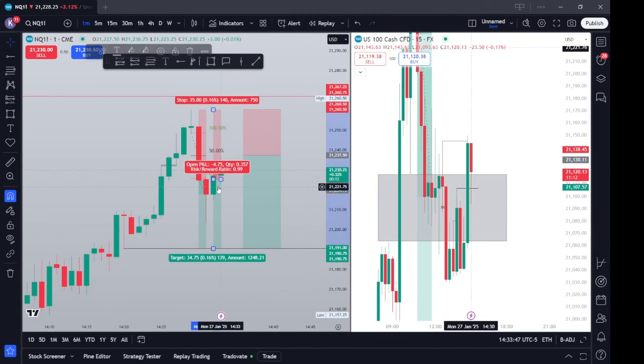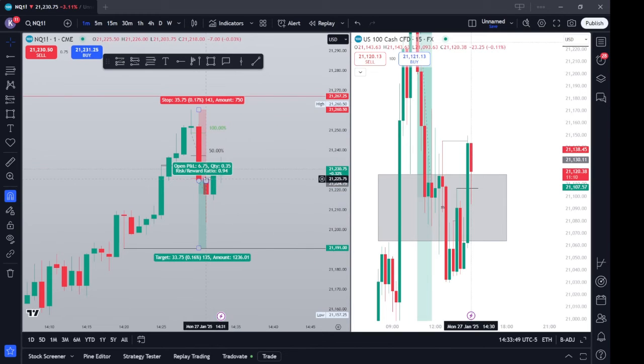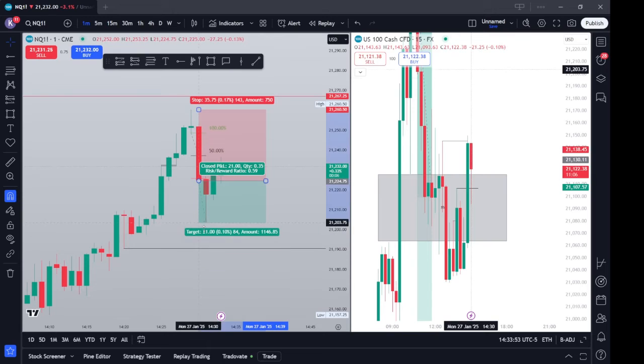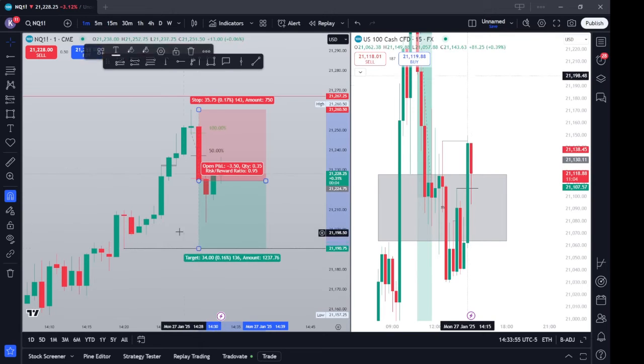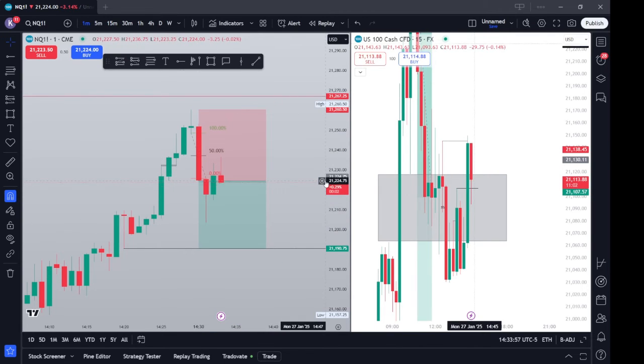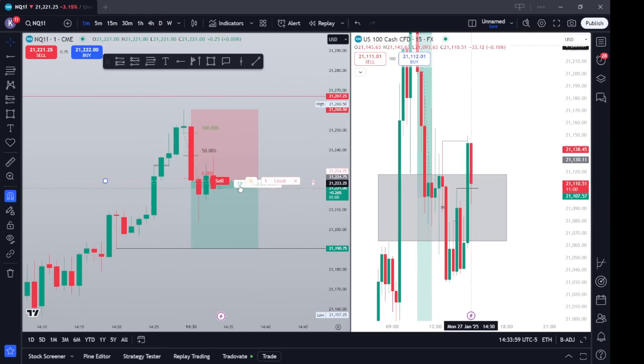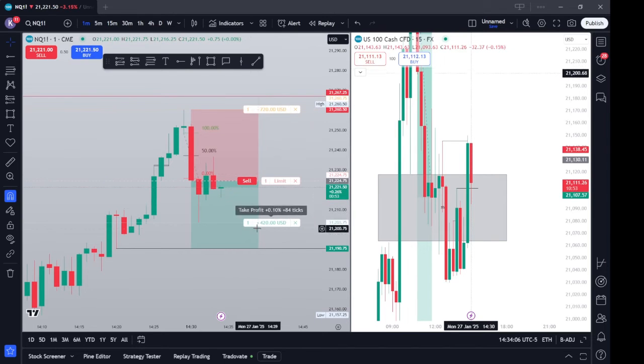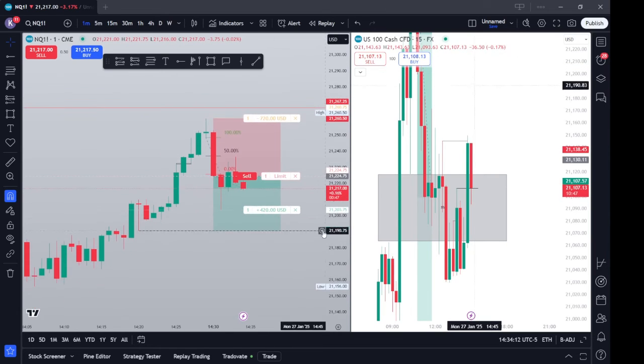But let's just look at numbers really quick. From entry to here, it's 84 points. Let's just put a limit right here. Stop loss here, right? That's your stop loss. That's your take profit. Sure, it's still a point 0.5, but if you took that, 400 for the day is nice.